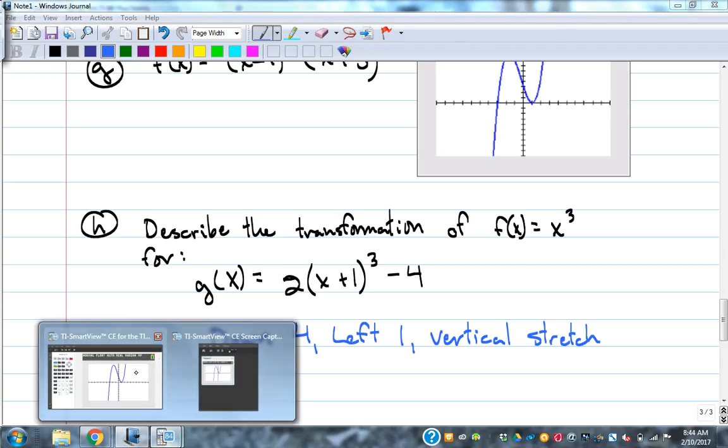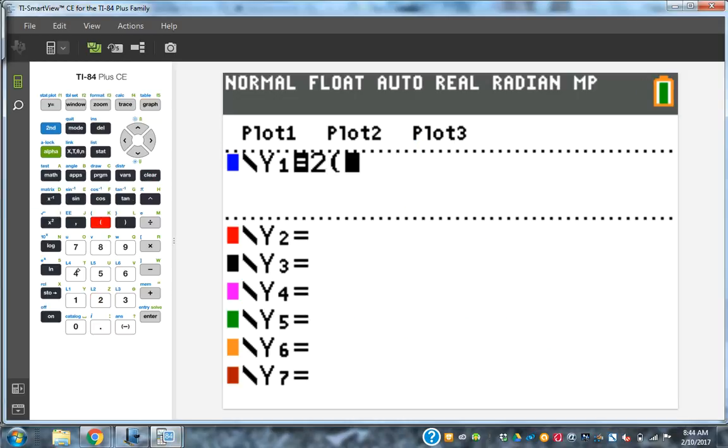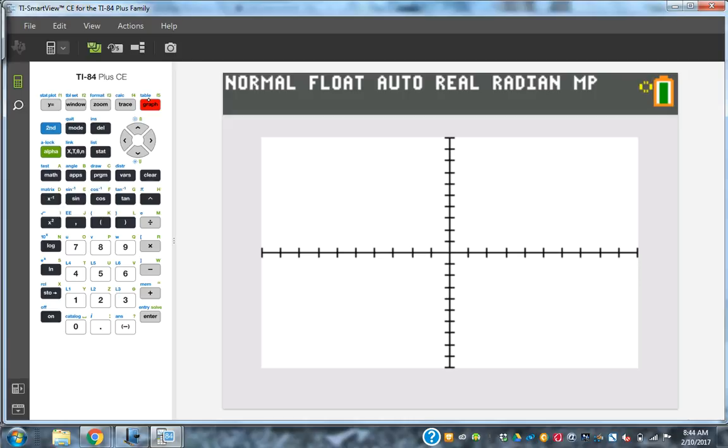So look at that graph. 2 parentheses x plus 1 cubed minus 4. That looks like the x cubed graph, and normally it goes through the origin.